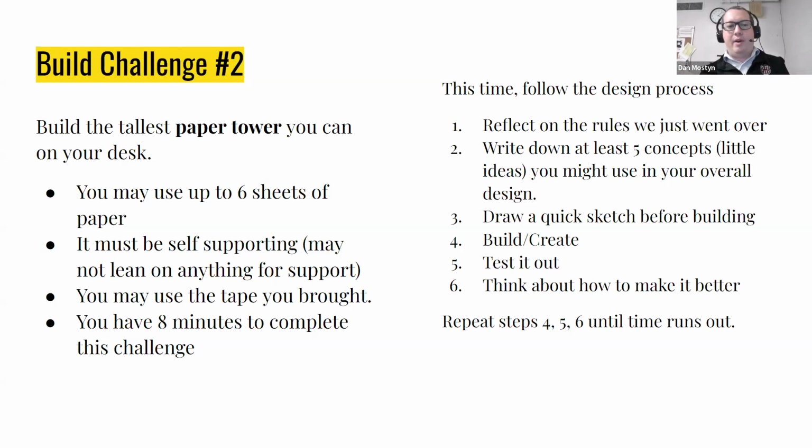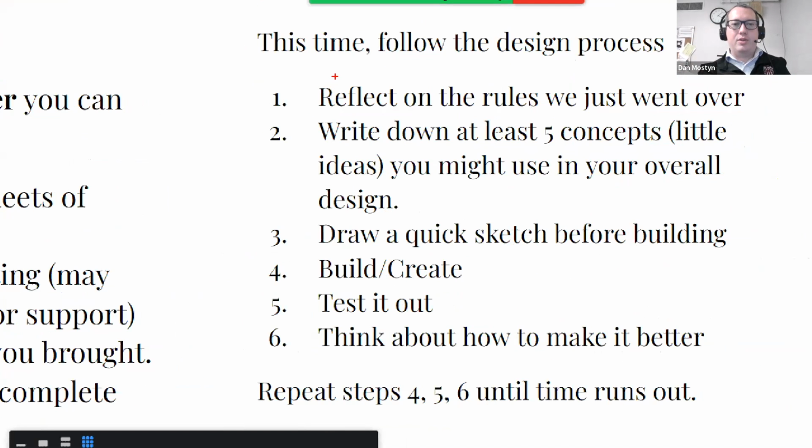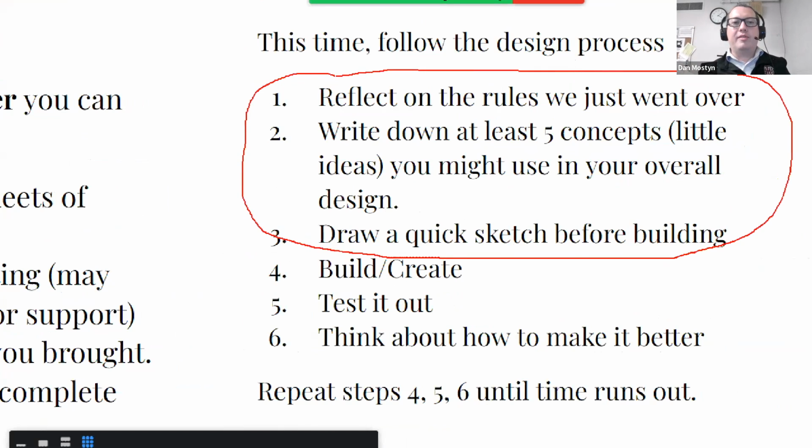Now, I have here that we have 8 minutes to complete this challenge. What I'm going to do is give you 4 minutes, and in those 4 minutes, I want you to do the first 3 steps that are over here on the side. I want you to reflect on the rules we just went over.